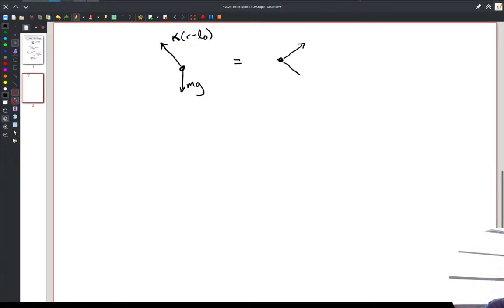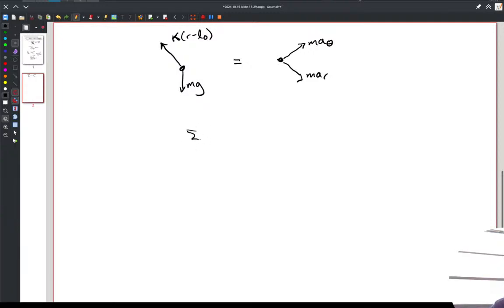I still have those 2 components of m a_r and m a theta, but now I need to consider both of them because I need 2 equations of motion. I need 2 equations to describe my system's equations of motion, because I have 2 degrees of freedom.